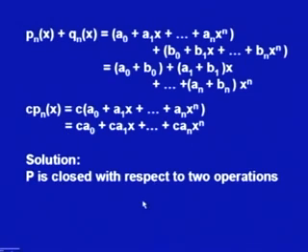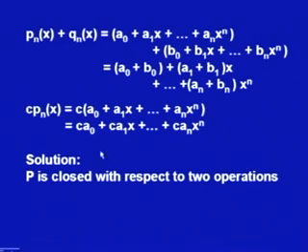By this I mean to say that if I have a polynomial p_n(x) in P and a polynomial q_n(x) in P, then their sum is also a polynomial in P. If you look at this definition, one can easily observe that when we add the two, the right hand side is also a polynomial of degree n with real coefficients a_0 + b_0, a_1 + b_1 etc. So, the set P is closed with respect to addition.